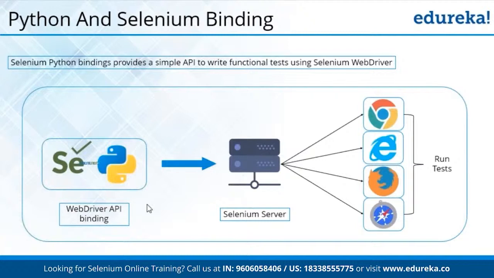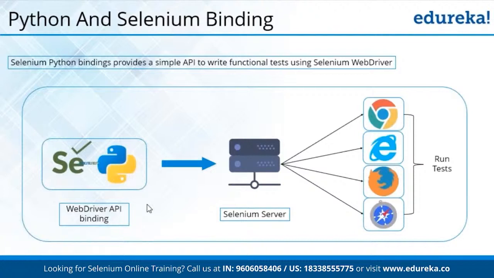Selenium Python binding provides a simple API to write functional tests using Selenium WebDriver. Now, when we talk about WebDriver, how does the architecture look? The architecture is very simple. You have the Selenium WebDriver API bindings.